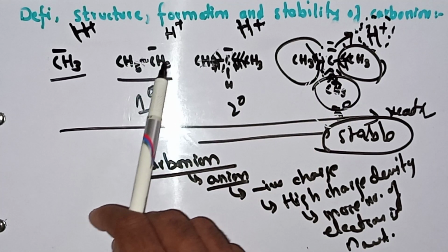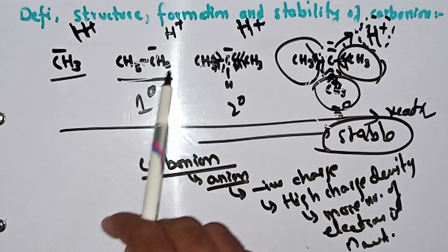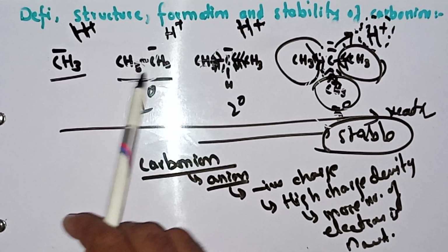It means it will show very little reactivity toward the incoming electrophile. It also means that if there is less reactivity, it is more stable.